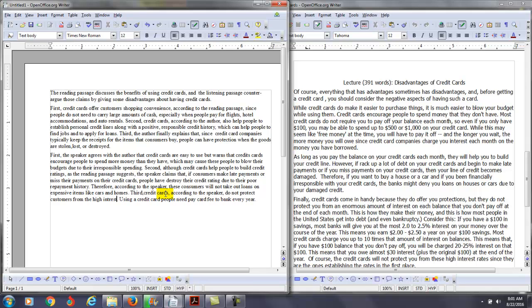The high interest charges on the unpaid, we'll say unpaid balance of their credit cards.